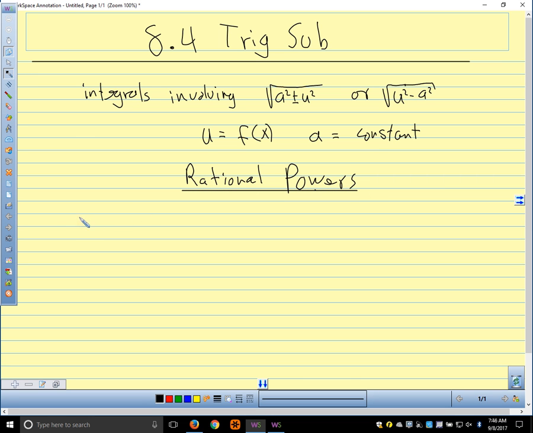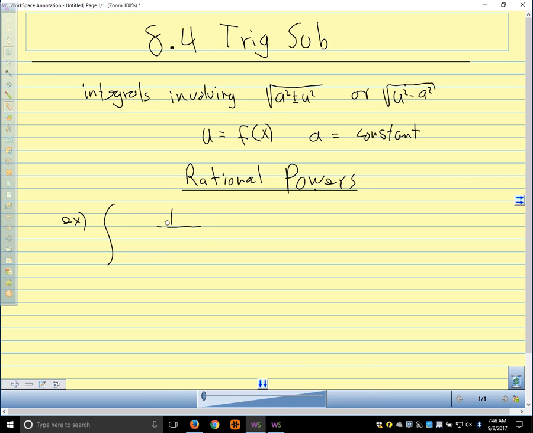So say our example was to evaluate the integral of 1 over (x squared plus 3) to the 3 halves dx. It's not immediately obvious that this would be a trig sub.